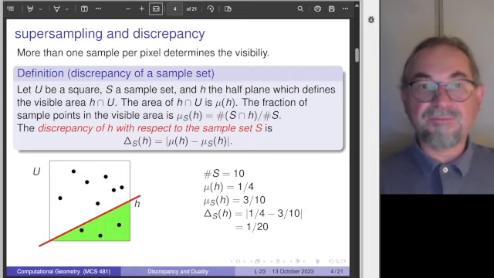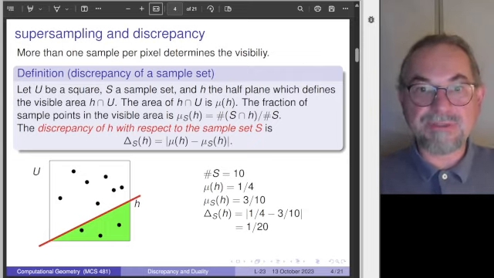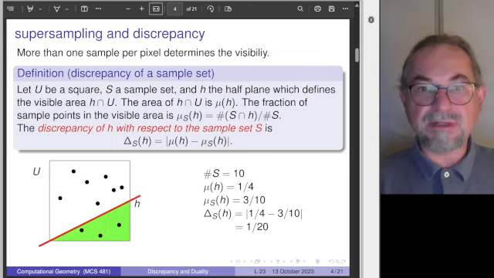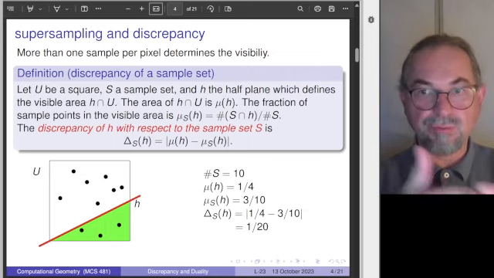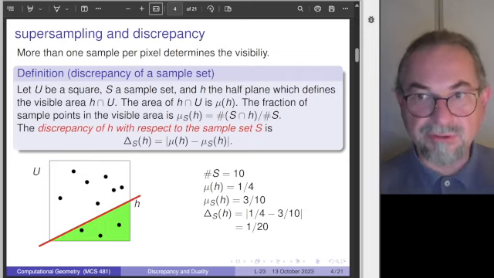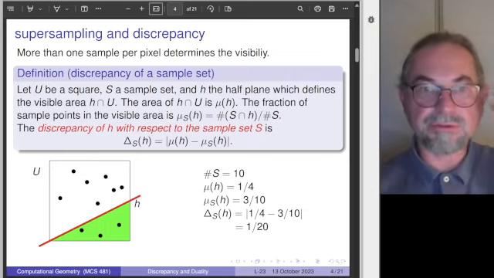Okay, so let's read the definition now. The definition defines the discrepancy of a sample set. So we have the unit square, we have a set of points, and then we have the half plane. Here we are going to work with below, but the half plane actually determines what is visible or not.